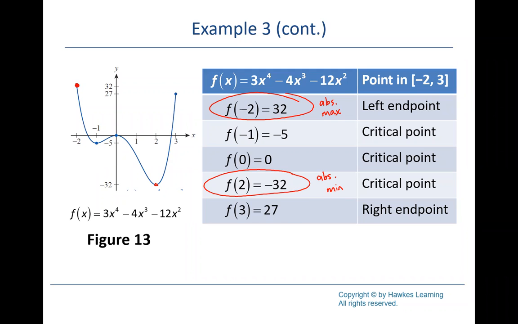This is the same process that we will use throughout the rest of this section. Find the derivative, locate the critical points, evaluate the original function at the critical points and the endpoints, find the biggest value, find the smallest value. We'll see more examples in future videos.